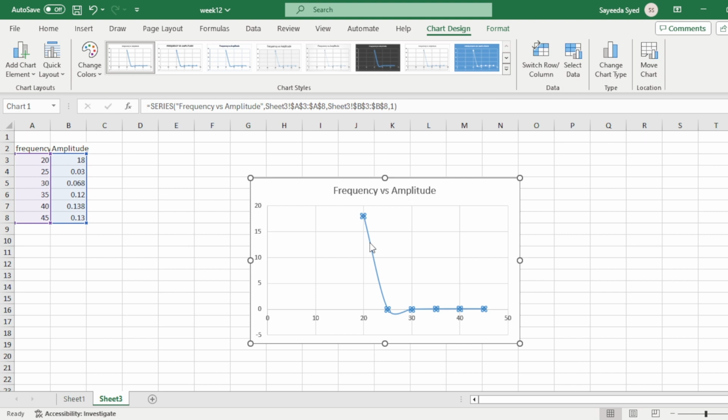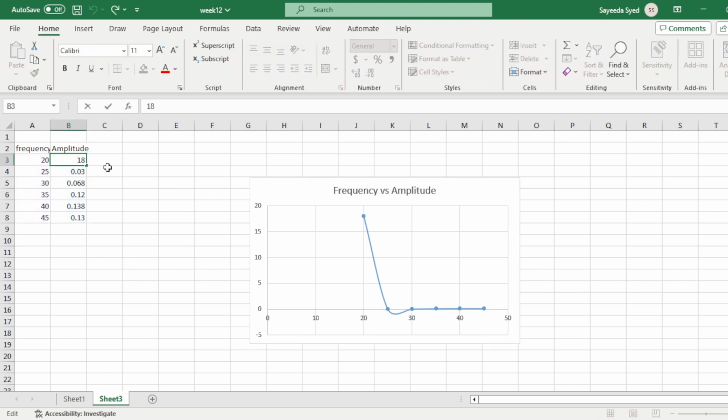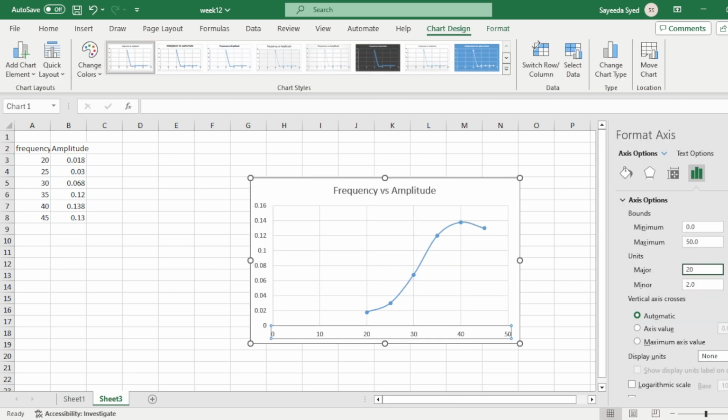Okay, this is not 18, this is 0.018. Okay, that's better.